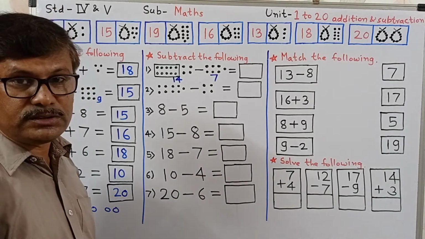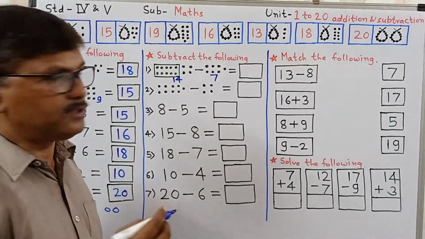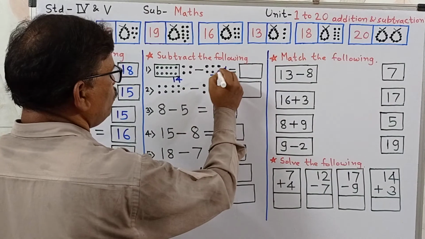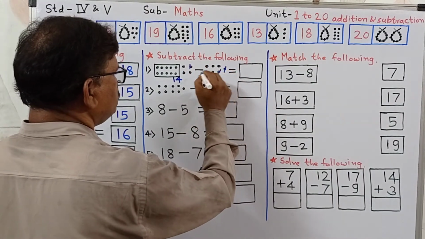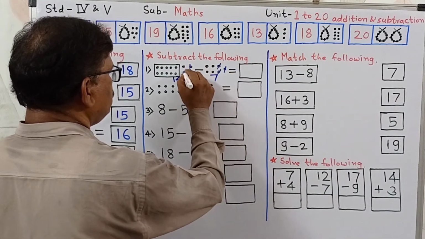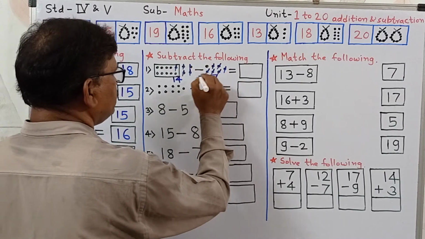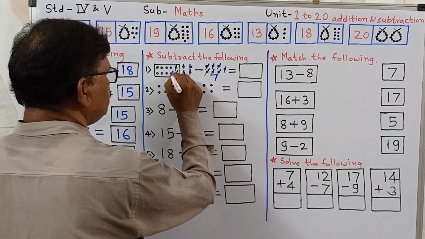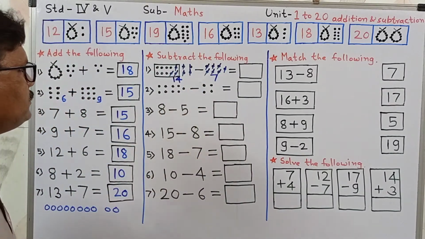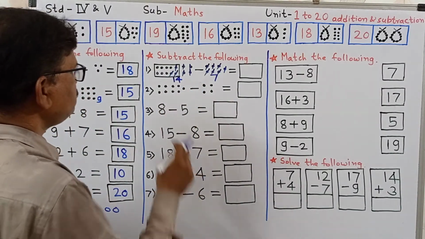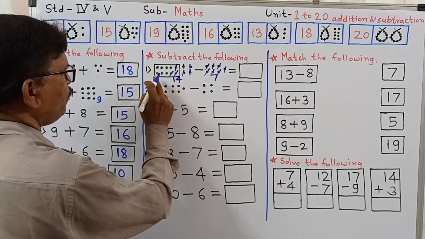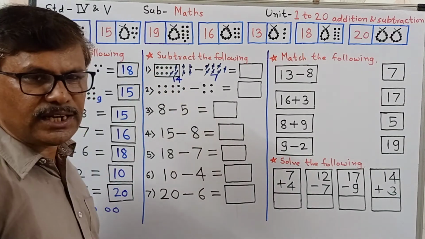The method is to cut the things: 1, 2, 3, 4, 5, 6, 7. How many remain? How many dots remain? 1, 2, 3, 4, 5, 6, 7. The answer is 7.